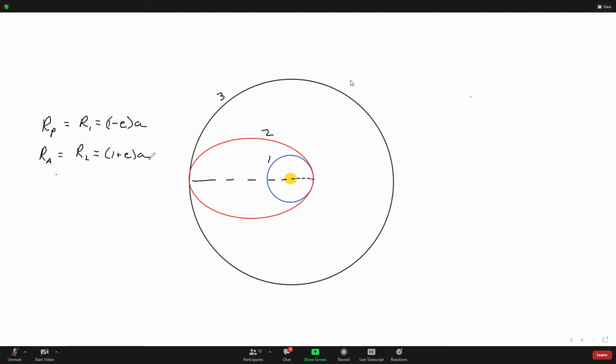Solve for E and A. I'll tell you right now, A is going to be equal to the average of R1 plus R2.